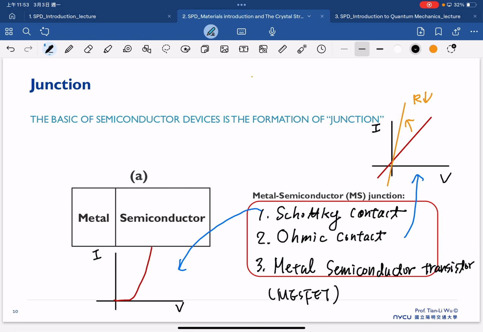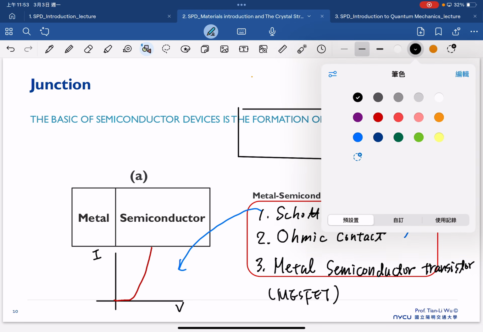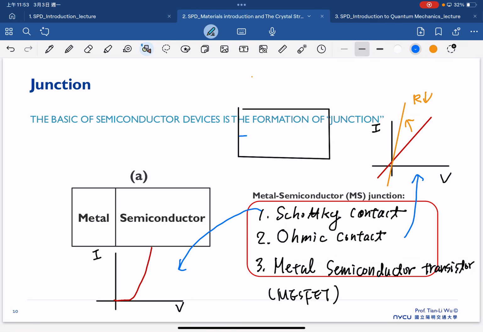And why are the metal and semiconductor crucial? Because in the end, if you look at our MOSFET, the metal and semiconductor is actually considered one of the critical parts inside our MOSFET structure as well. So now we go back to the structure of our MOSFET. Now we all know this is a source.